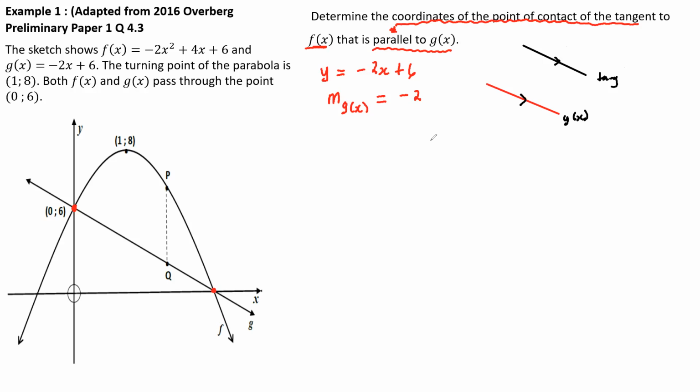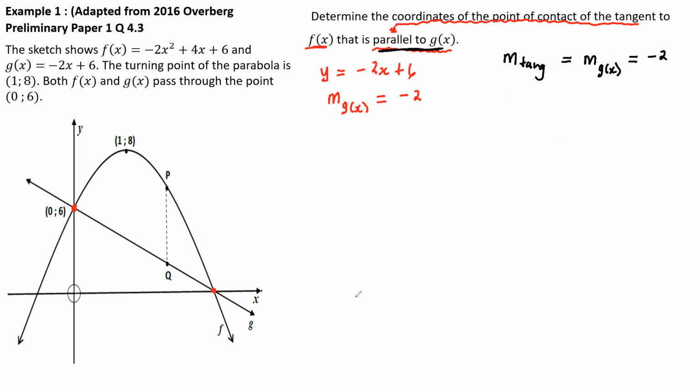According to analytical geometry, and you'll do this as a topic, two parallel lines have equal gradients. Perfect. This means the gradient of the tangent will be equal to the gradient of g of x. So it will be equal to minus 2, because the tangent is parallel to g of x.